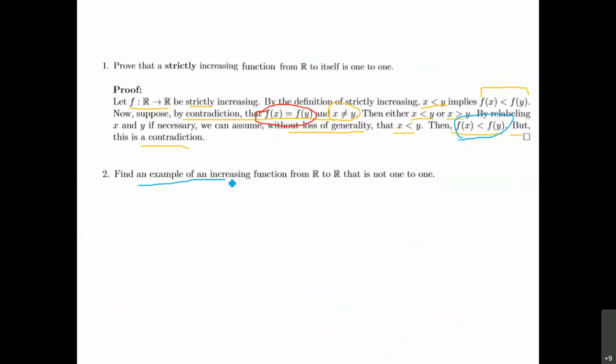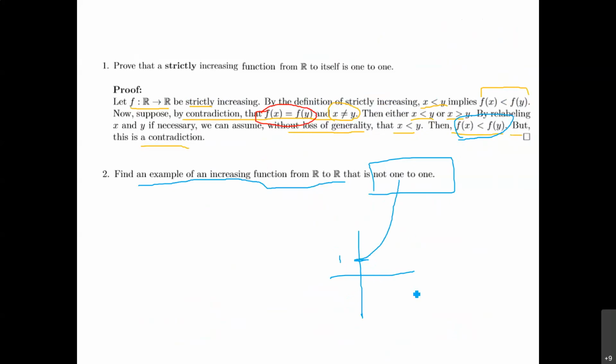Find an example of an increasing function from R to R that is not one-to-one. Can anybody think of an example like that? Is it exponential? Well, what's exponential? It's this, right? Starts from 1 and keeps increasing.